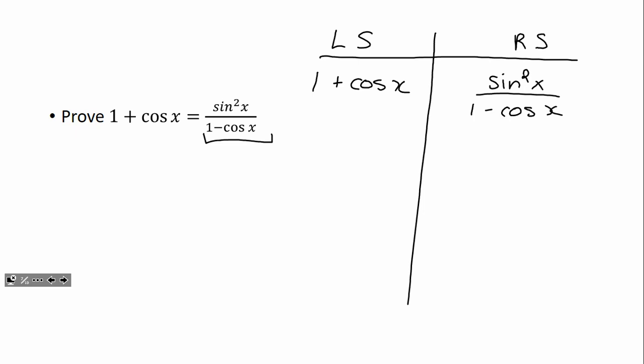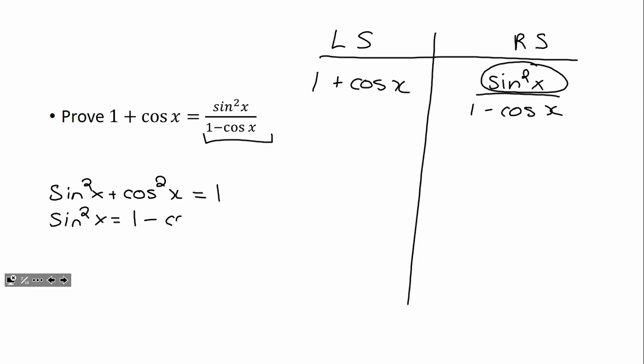And then I want to look for some type of identity. Whenever you have something squared, that's usually a good call. So this one right here can be written using our sine squared x plus cos squared x equals 1, which is our basic Pythagorean identity. We can now solve for sine squared x and write it as 1 minus cos squared x.